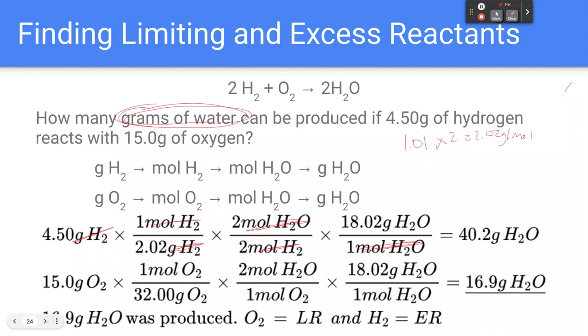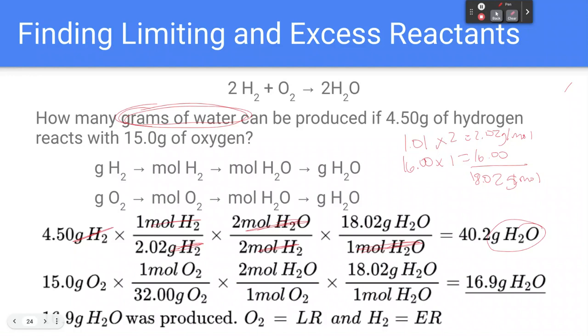Well, we have two hydrogens, and we've got our oxygen, which is 16.00, which gives me a total of 18.02 grams per mole for my water. So I get a final calculation for this one to be 40.2 grams of water. So with 4.5 grams of hydrogen, I theoretically could produce 40.2 grams of water.